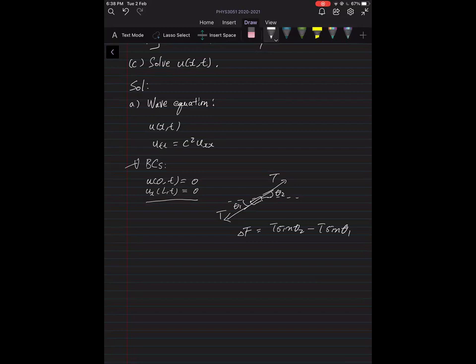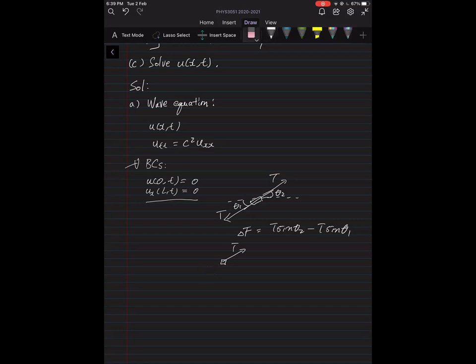But now when you consider the end here, you just consider this element, because it's at the end, you only have the tangent on one side, and on the other side you don't have any force.